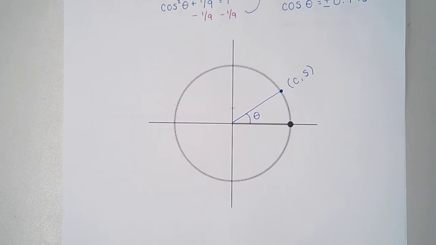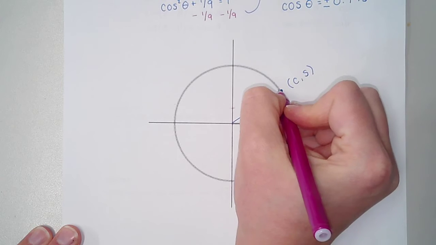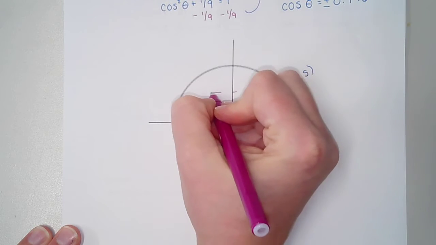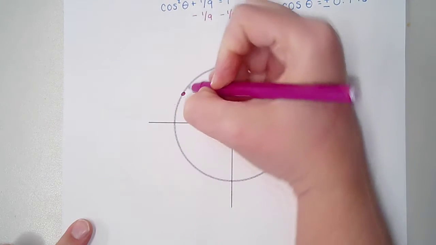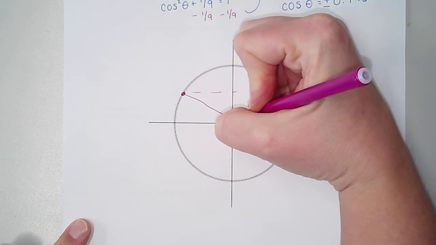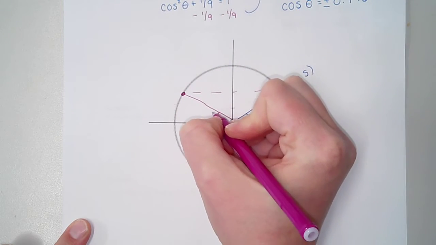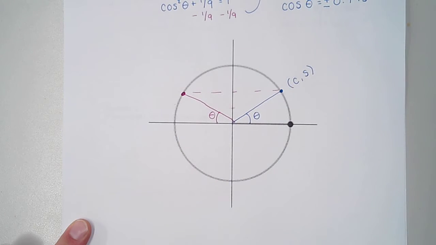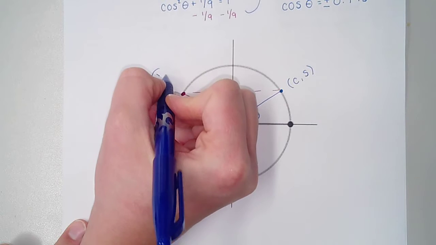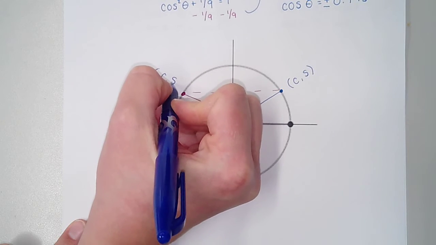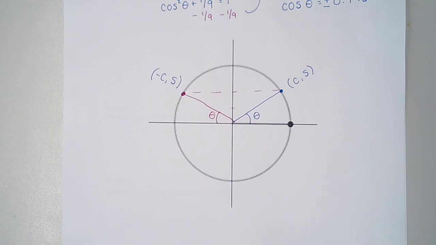If I go straight across the circle horizontally, if I go over here to this point, I know that this angle here would also be theta, right? And then the coordinates here, the cosine would be negative and the sine would be positive, okay?